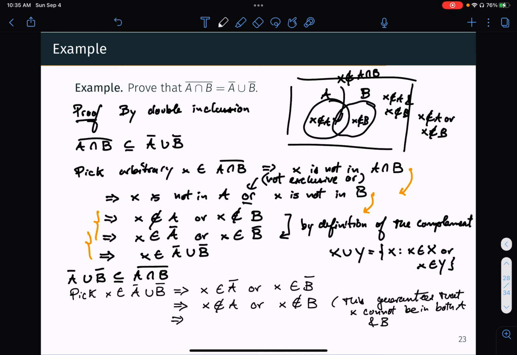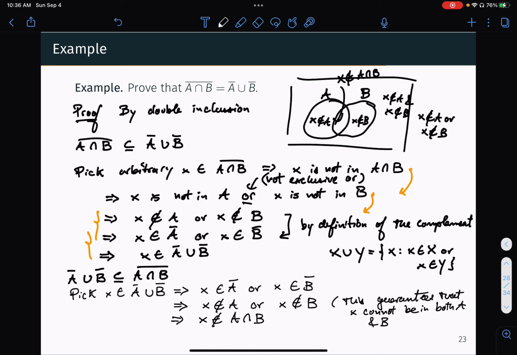So this implies that X is not in A and B at the same time. So it implies that X is not in A intersect B, right? And so, because I know that if I'm not in A or in B, then I certainly can't be in both, right?